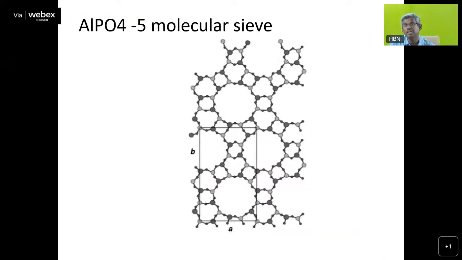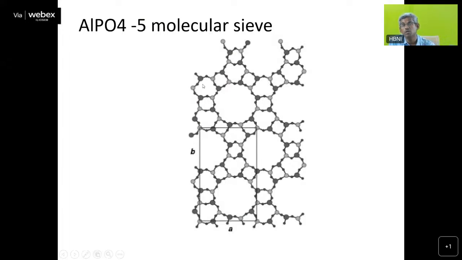So let us take a typical example of aluminium phosphate. Aluminium phosphate is a molecular sieve. Here aluminium is tetrahedrally coordinated and phosphorus is also tetrahedrally coordinated. So aluminium 3 plus and phosphorus, H3PO4 means PO4 3 minus.